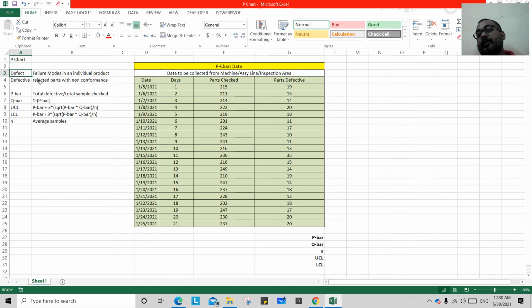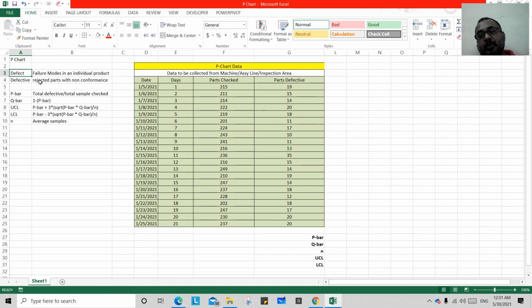Now when we talk about defective, what we are looking at is this: I have a machine producing bottles, say 10 bottles per minute, and there is an inspection machine. It checks all the parameters of the bottle and passes it to the next station for packaging.